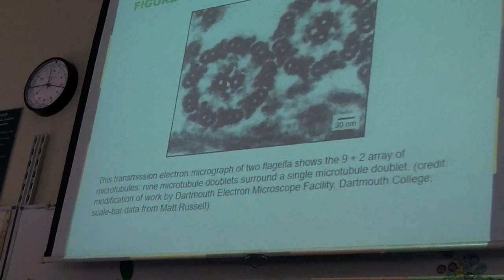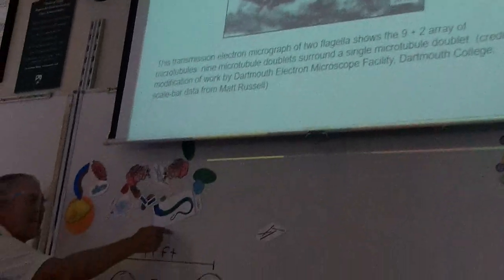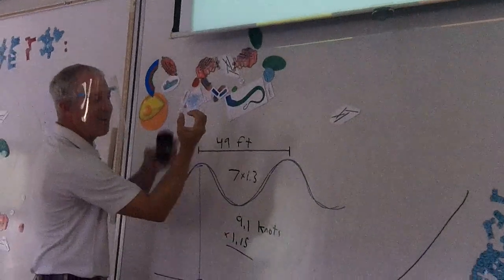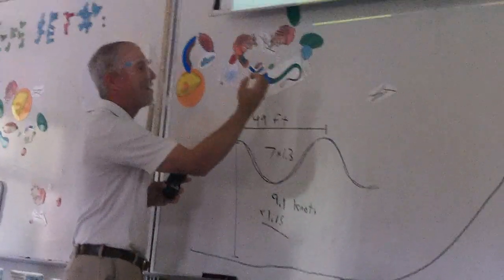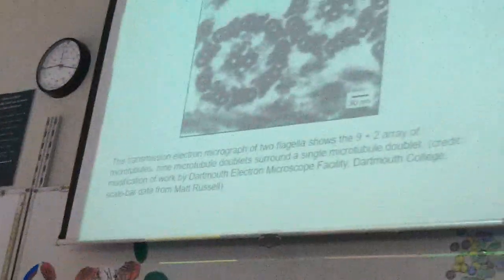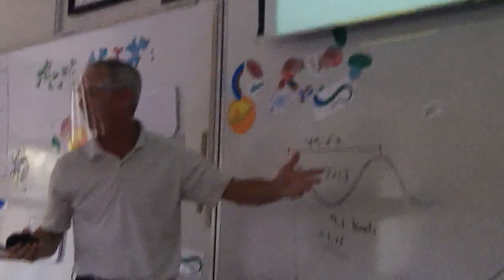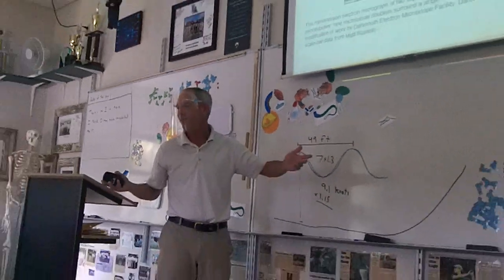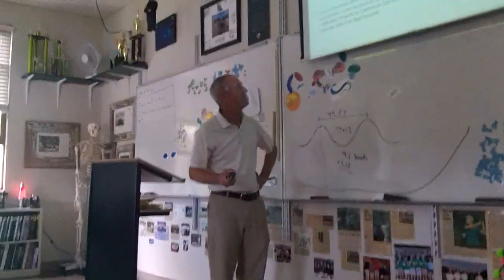This is taking a flagella like this, cutting it, and looking down on the inside of it. That's what it would look like. Why does that matter? I don't know. Just that's how it is.